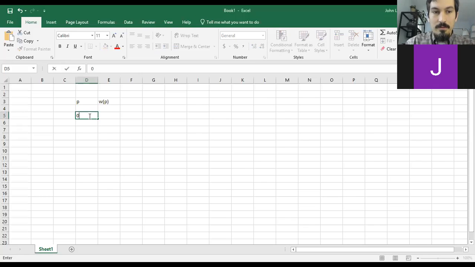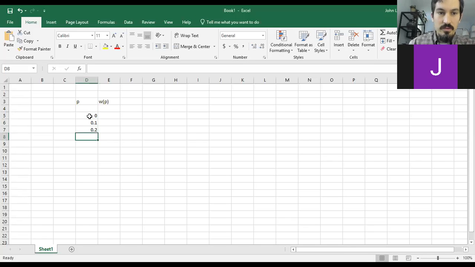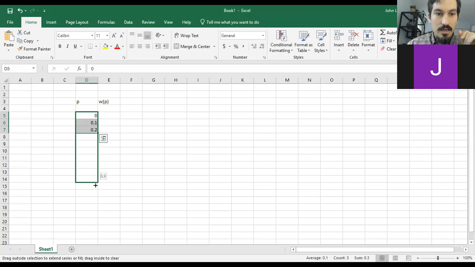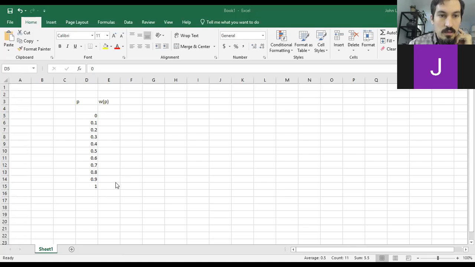So let's say you have a probability of 0, 0.1, 0.2. It sort of goes like this, all the way to 1. I think I'm sharing my Excel screen now. Yeah, we can see. Okay, and so those are the probabilities from 0 to 1 in an increment of 0.1.